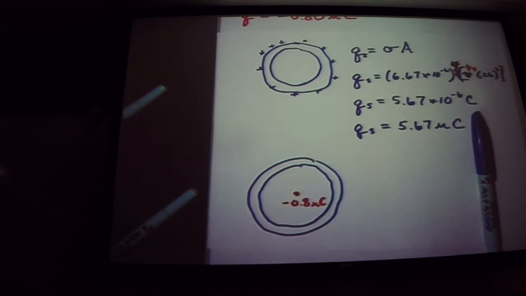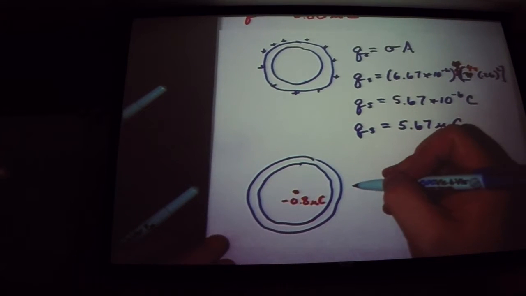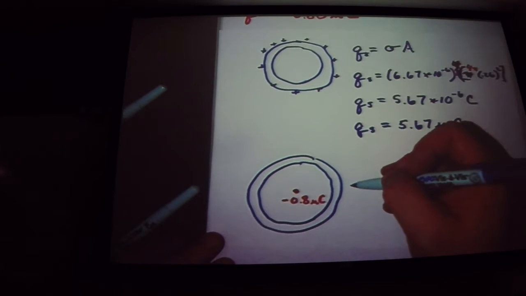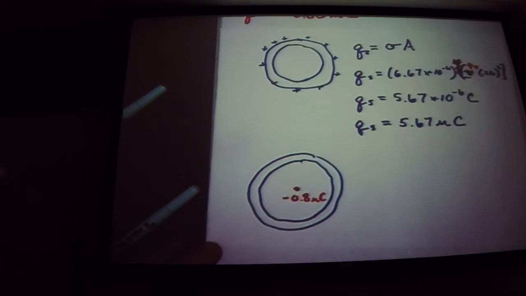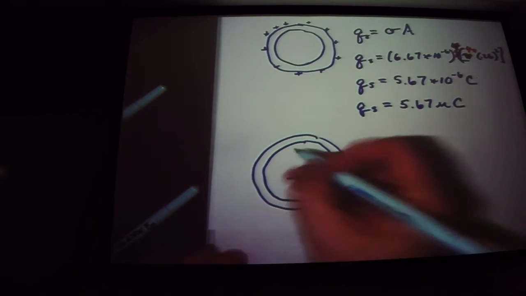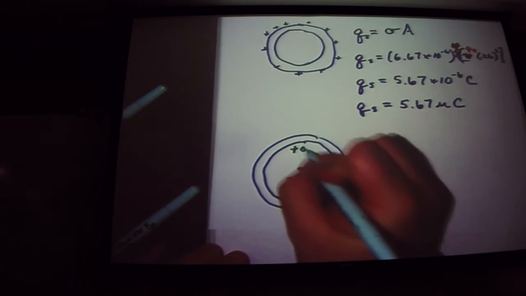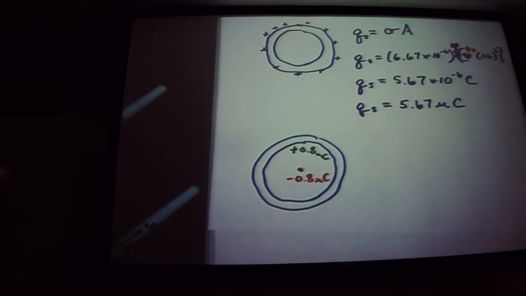Because remember, if you do the Gauss's law inside of the sphere, the charge contained inside of that must be 0. So this charge must be positive 0.8 microcoulombs. That's the inner shell surface, right?